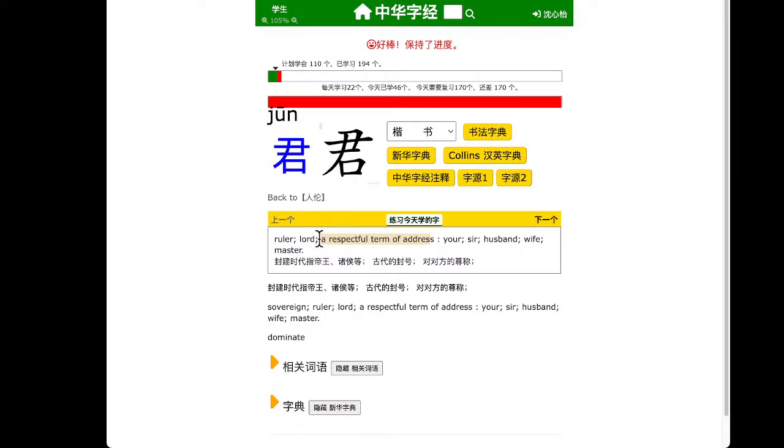This is also a traditional way of referring to husband. Yeah, I was getting to that. So it's not really used anymore. It's old-timey. Old-timey way to refer to highly esteemed men.